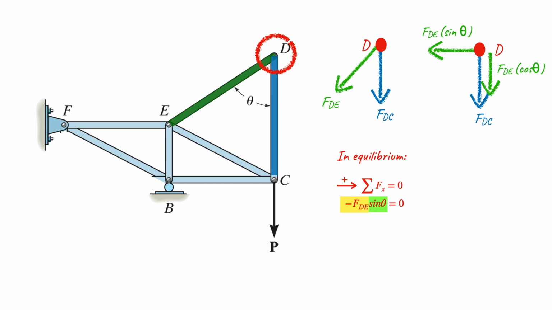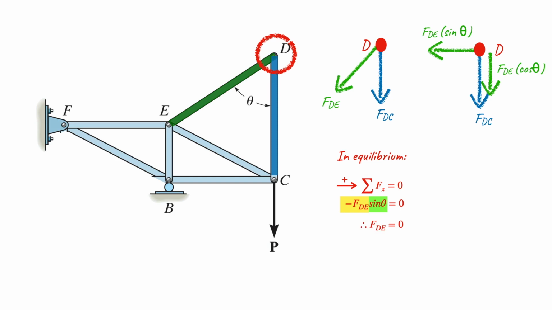There is some kind of angular displacement between beam DE and beam DC. So theta would never ever be 0. So if theta is not 0, then sin theta would not be 0. So therefore, in this particular equation, we can conclude that FDE itself is equivalent to 0.